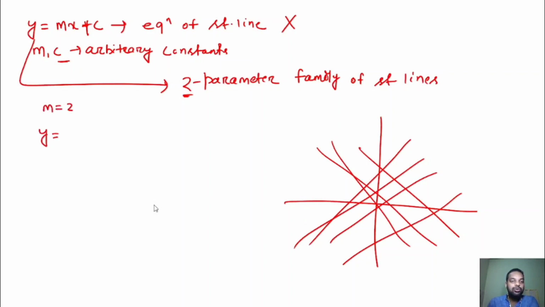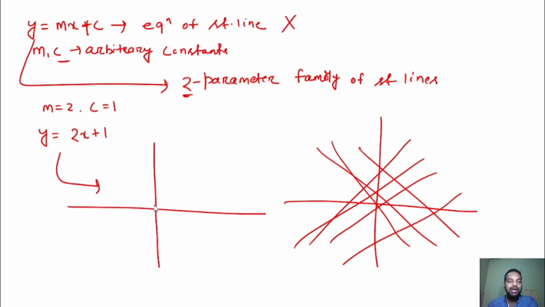If m is equal to 2, c is equal to 1, then we can write y is equal to 2x plus 1. And if we plot this curve, then it becomes like slope is 2 and the intercept is 1. It can be like this. Okay, then this becomes the equation of straight line, because we got the values of 2 and 1 as m and c.